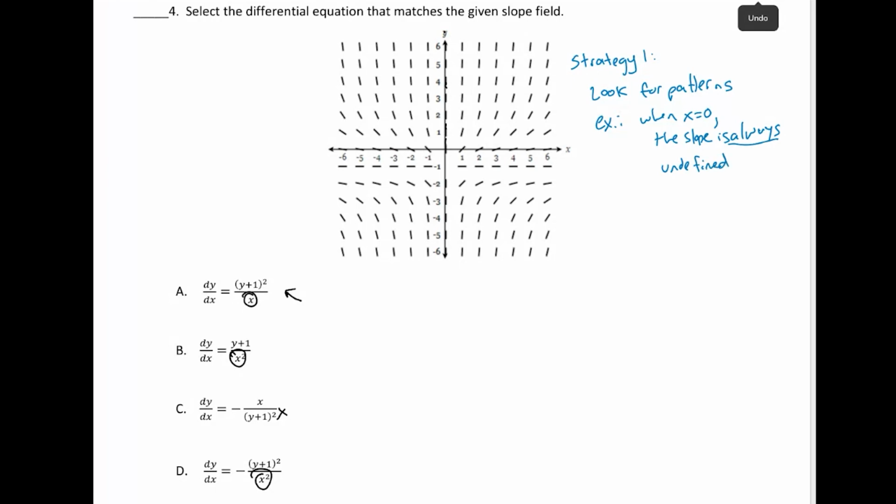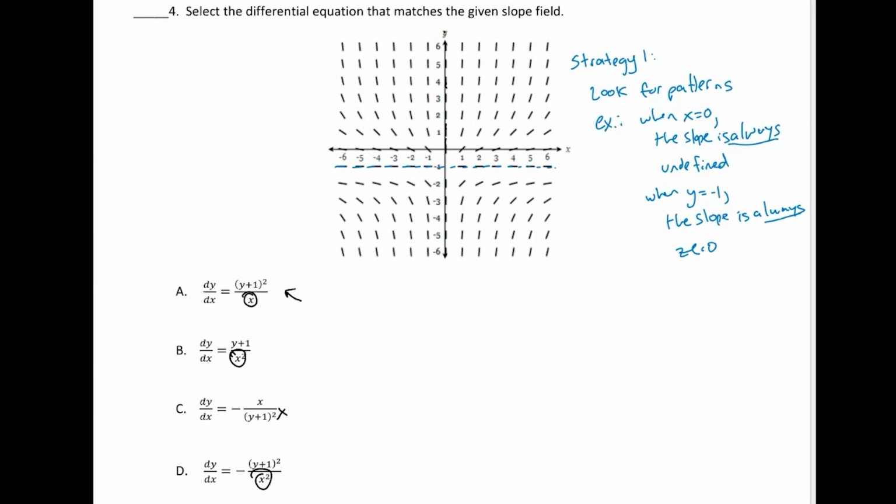Similarly, we see that when y is 1, the slope is always 0. Okay, so if I'm looking at these different choices, in order for these fractions to equal 0, I'm going to need the numerator to be 0. And which ones are going to equal 0 when y is 1? Oh, sorry, not when y is 1, when y is negative 1.